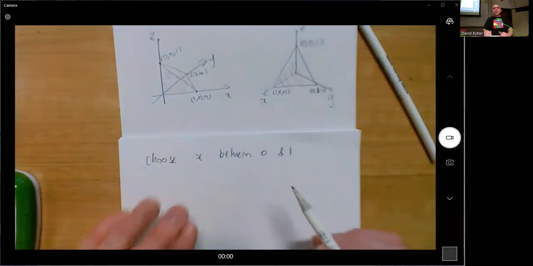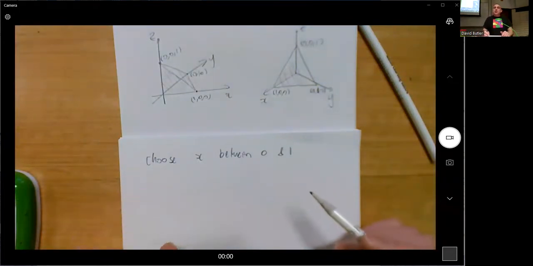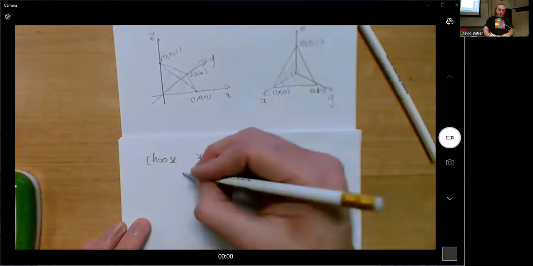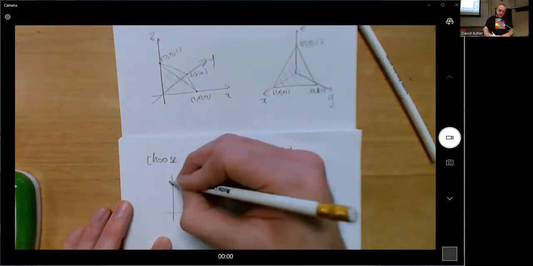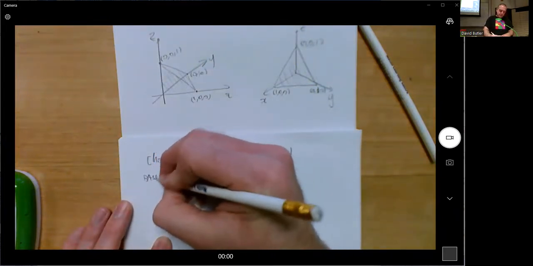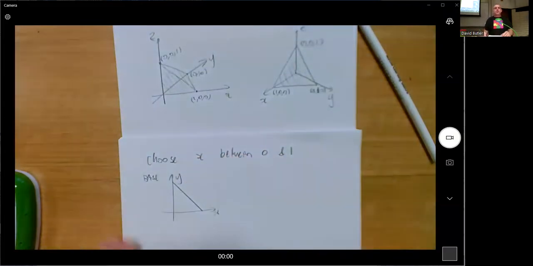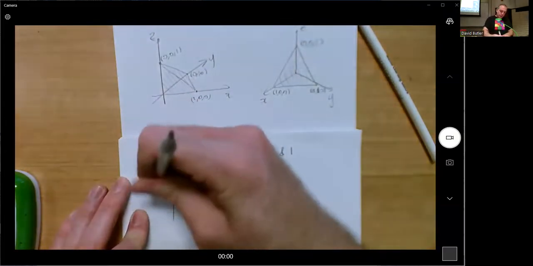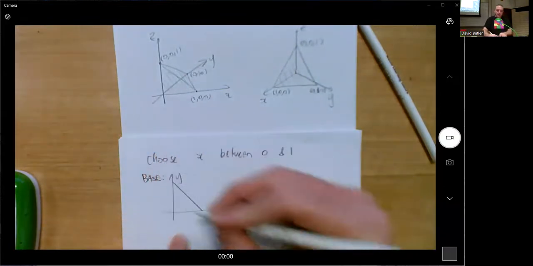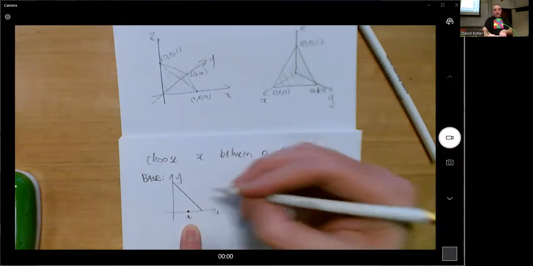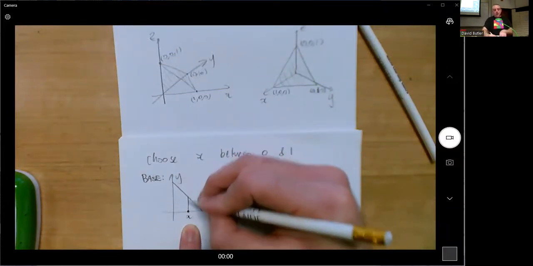So once I've chosen an x, I don't have the same choices for what y is for every x. So I'm just going to look at just the base here. Once I've chosen this coordinate for x, just here, then I have to choose from among these options what the coordinate for y is going to be.